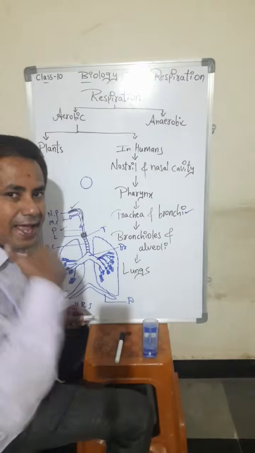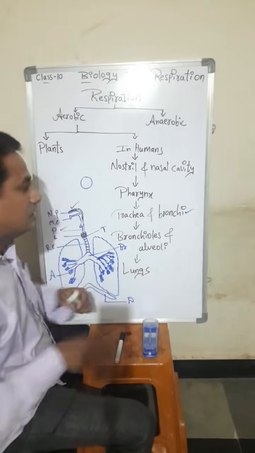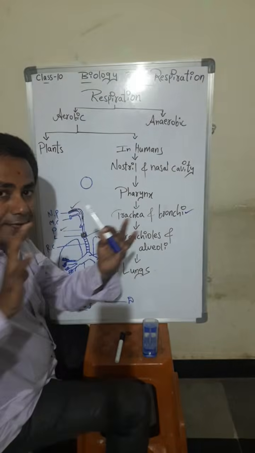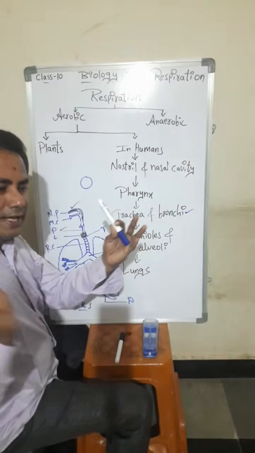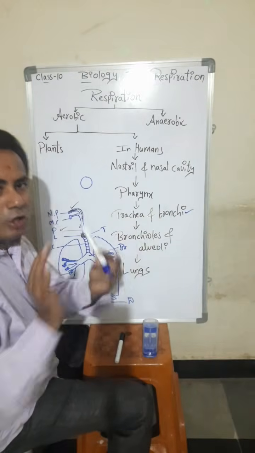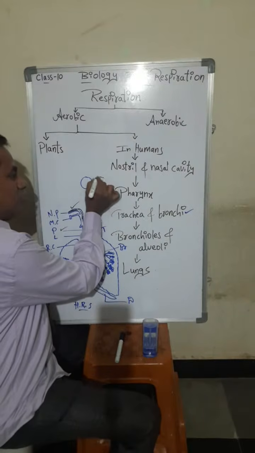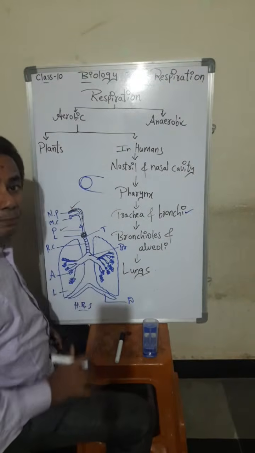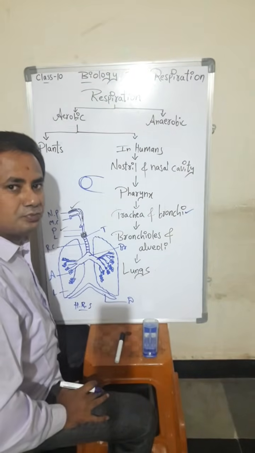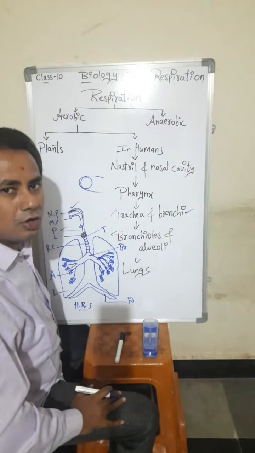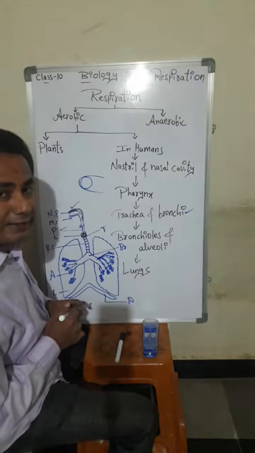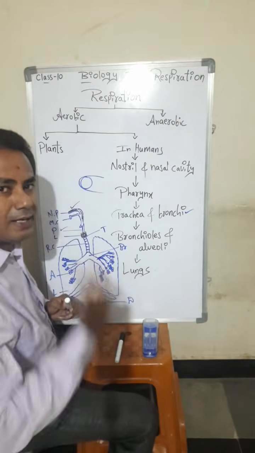When we inhale the air, when we breathe in, these alveoli will expand. When we exhale, these alveoli will contract. These alveoli are surrounded by blood vessels, capillaries. In blood vessels there are three types: arteries, veins, capillaries.